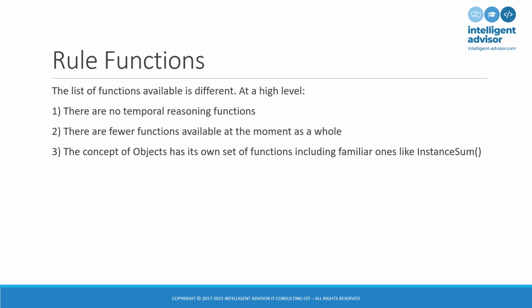There are, as a whole, fewer functions available right now. And there is a whole new concept of an object which has its own set of functions, which are familiar, like instance sum, but there are a few new functions.